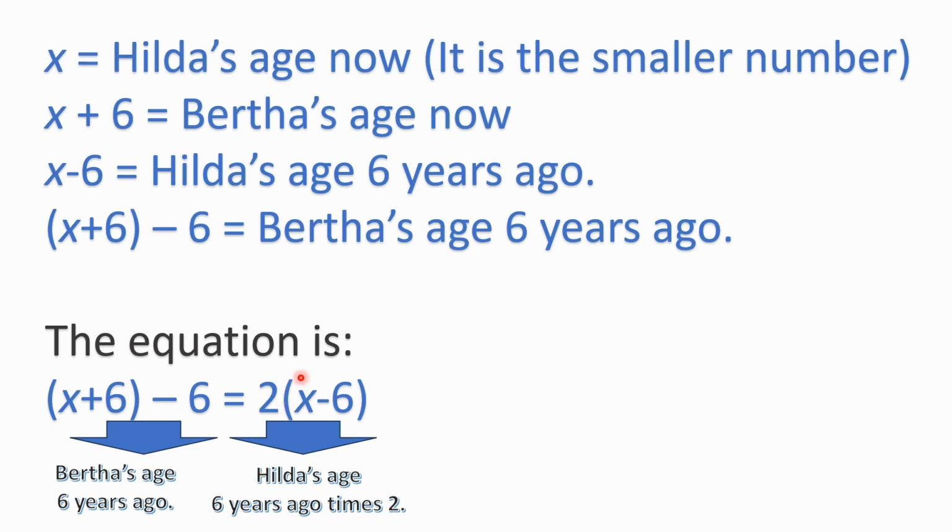Hilda's age 6 years ago was x minus 6, so we multiply that quantity, x minus 6, by 2, because we said twice as old. So x plus 6 minus 6 equals 2 times the quantity x minus 6.